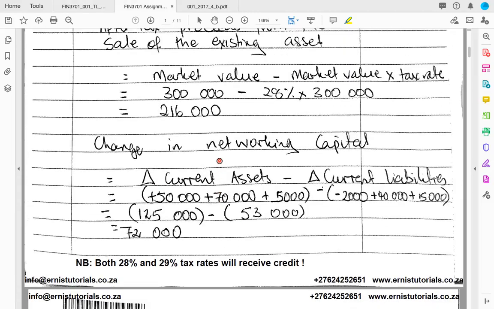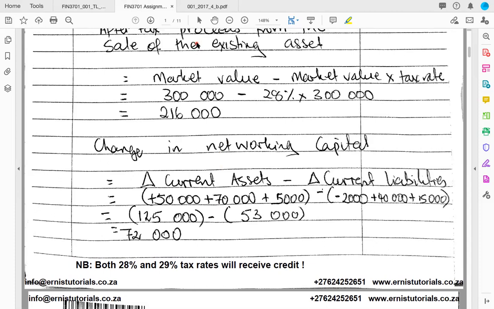The investment in net working capital is relatively simple. You simply take your change in current assets minus your change in current liabilities. So it's important to identify what your current assets and current liabilities are.